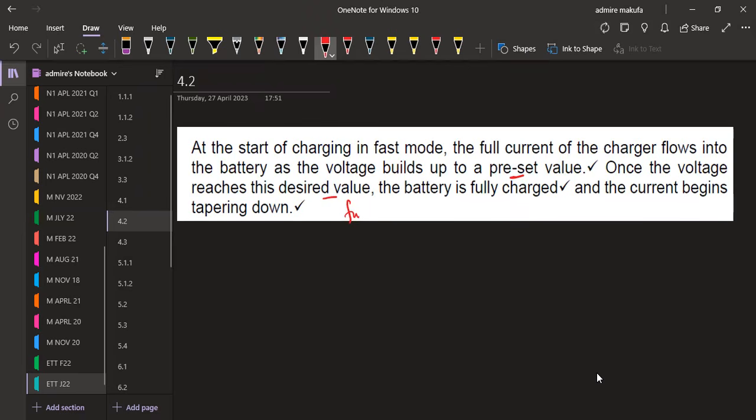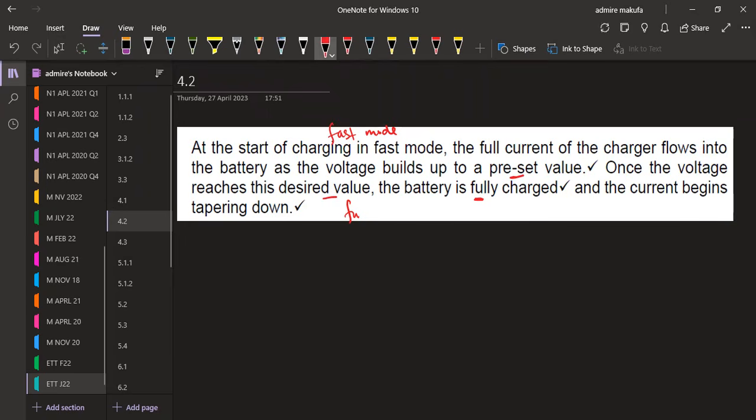That is what is important. So whenever we are dealing with fast charging or fast mode, this is the description that you are supposed to indicate.